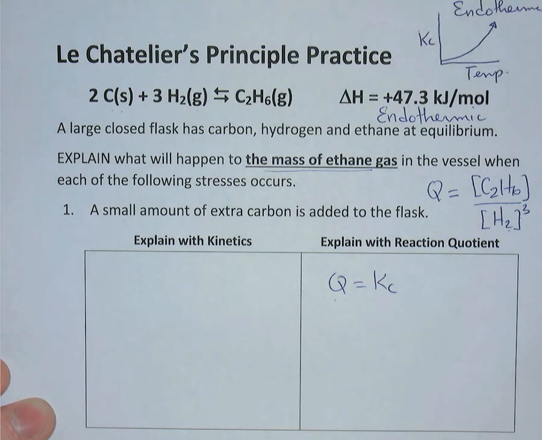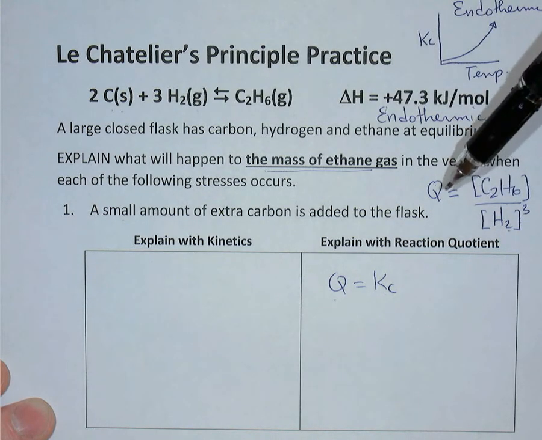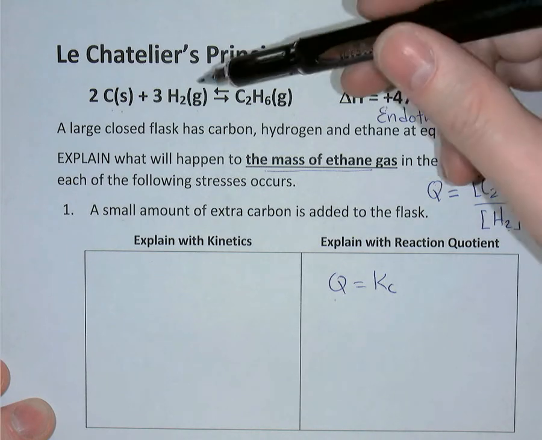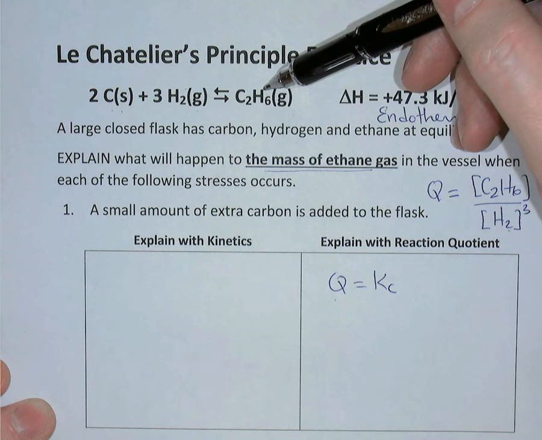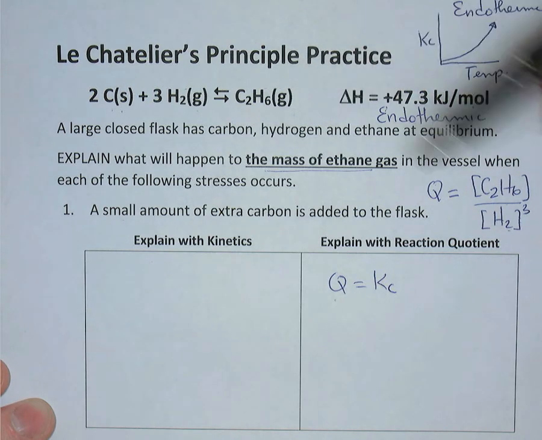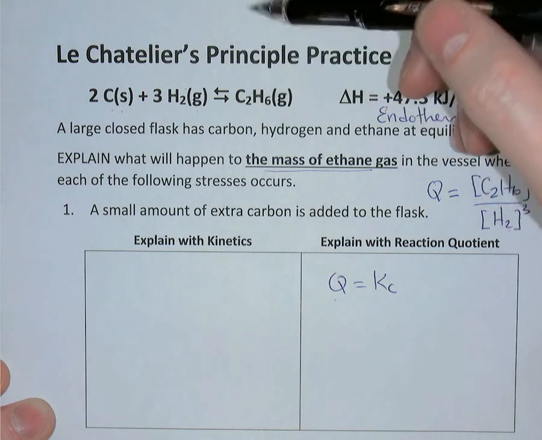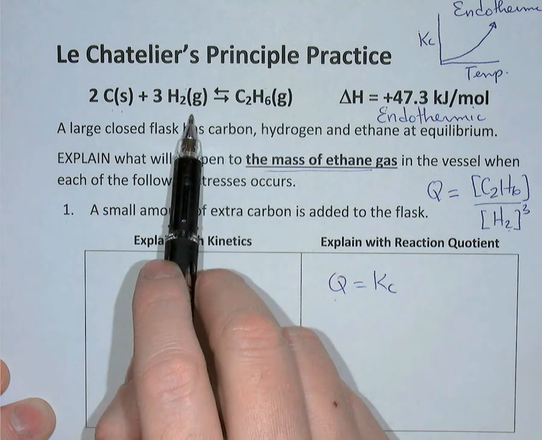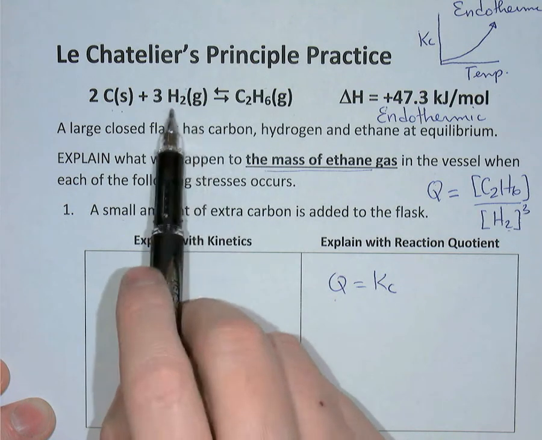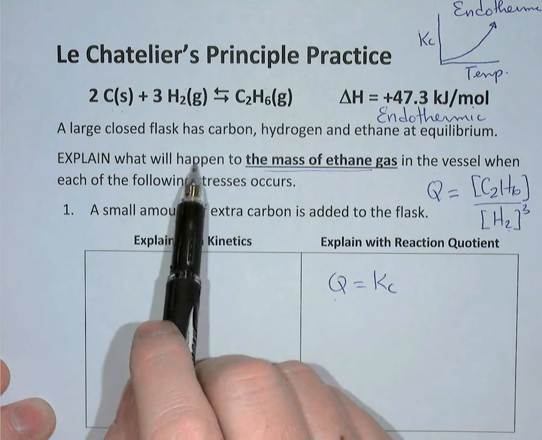So decreasing the volume, the first thing I would say is that all of the gases in the container will increase in concentration. Okay, the concentration of hydrogen increases, the concentration of ethane also increases because the container's volume was reduced. Now, looking from a kinetics perspective, the rate of the forward reaction and the rate of the reverse reaction would increase because you've increased the concentrations of the reactants in both directions.